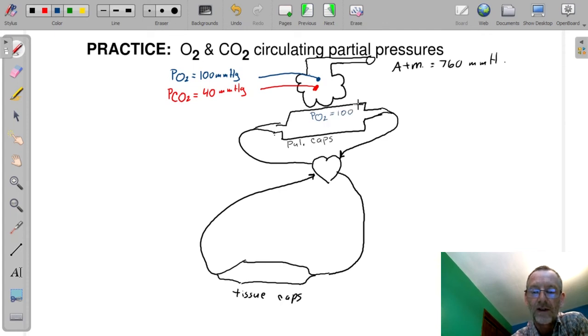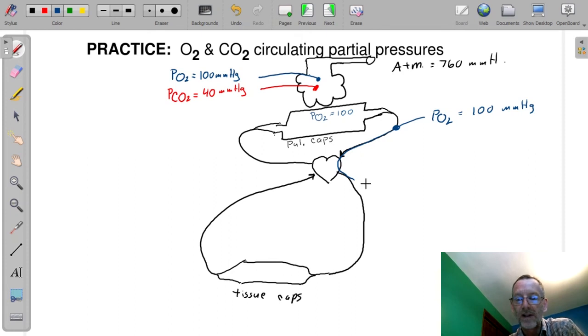Let's just follow the oxygen first. Keep it straight. So what's the partial pressure of oxygen in the pulmonary veins? 100. And there's no change going through the heart, through the systemic arteries.